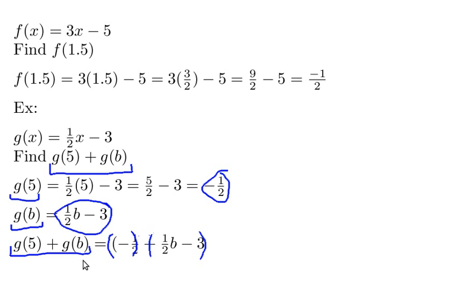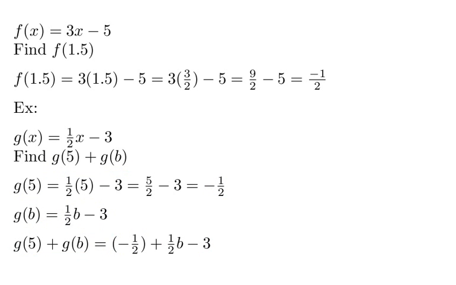Let's clear all that off. Plus, it's very similar to what I said up here. It's good practice to put it in parentheses. So now we have negative 1/2 plus 1/2 b minus 3. Well, we don't have any negatives to distribute, so we can just take out the parentheses.